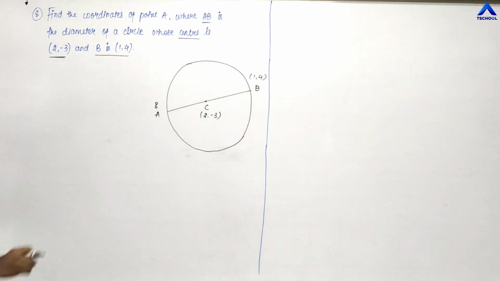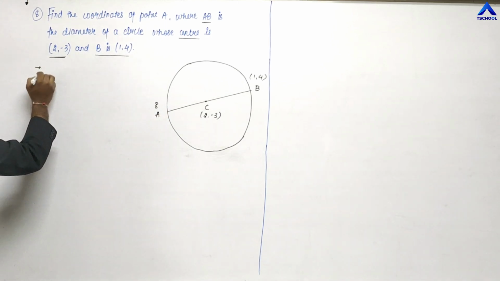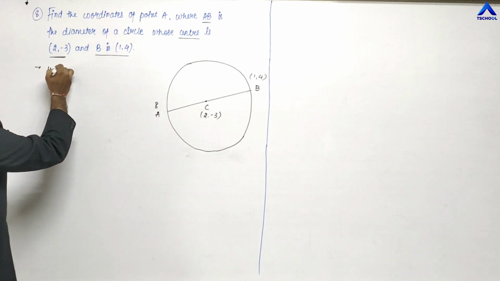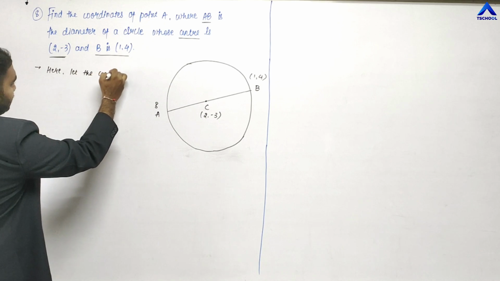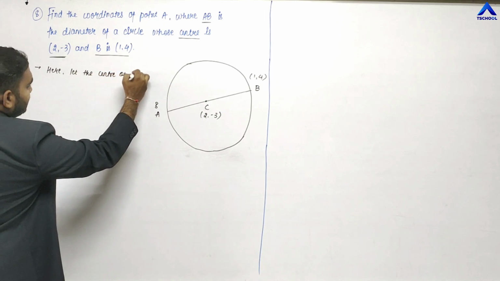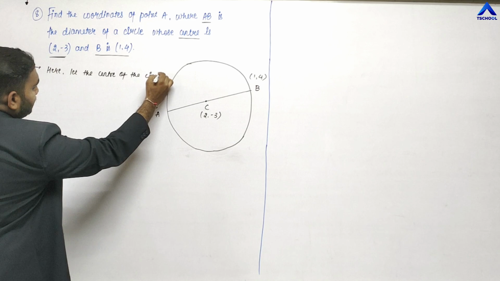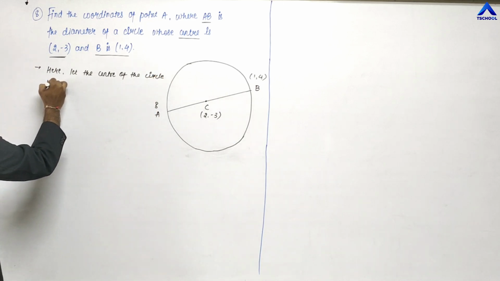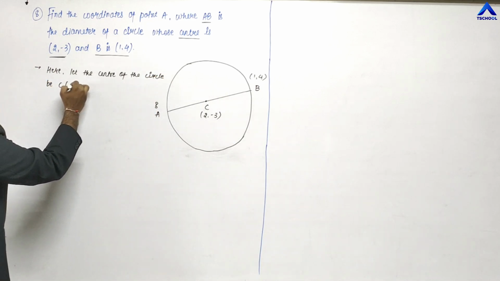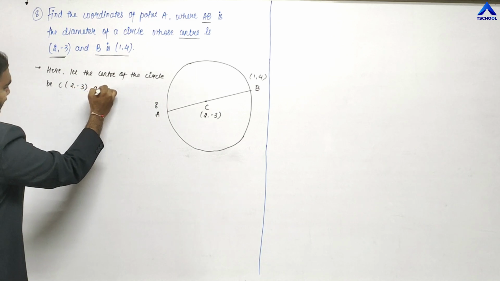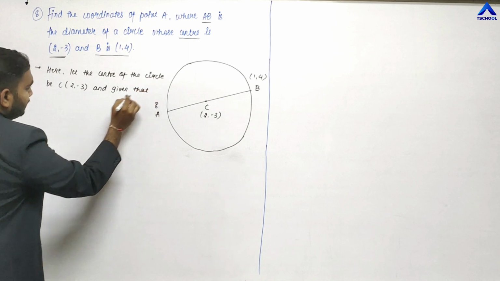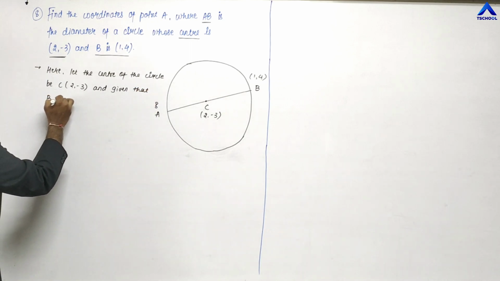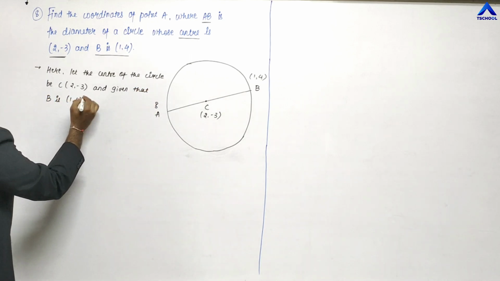Yes or no? Now as per the given condition, we can say that let the center of the circle be C 2, -3 and given that B is 1, 4.